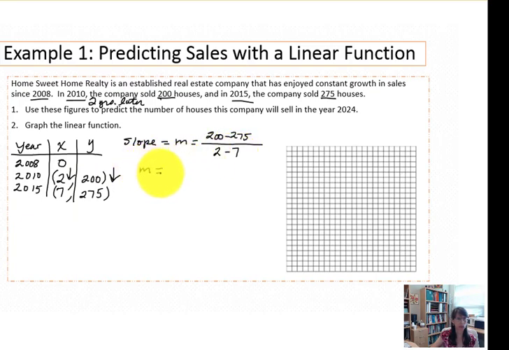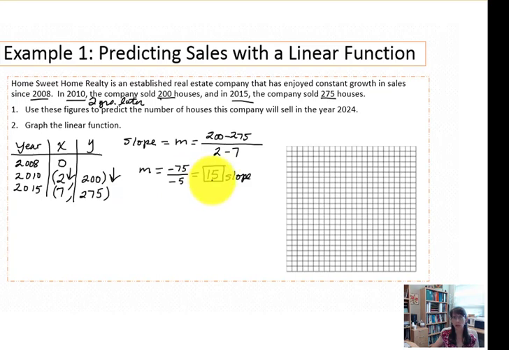So it looks like the slope of the line is negative 75 divided by negative 5. A negative divided by a negative would be a positive number, and 75 divided by 5 is 15. So we know that the slope of our linear function will be 15.